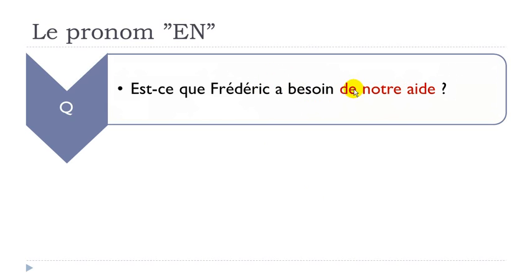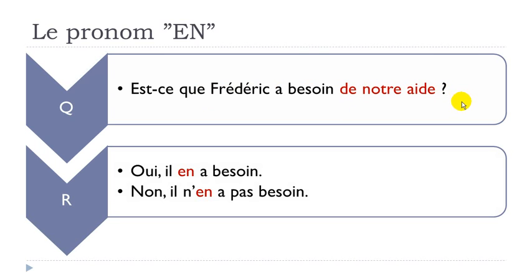Okay? Notre aide, our help. Est-ce que Frédéric a besoin de notre aide? Same thing here. We don't want to repeat de notre aide. So, oui, il en a besoin. Non, il n'en a pas besoin.